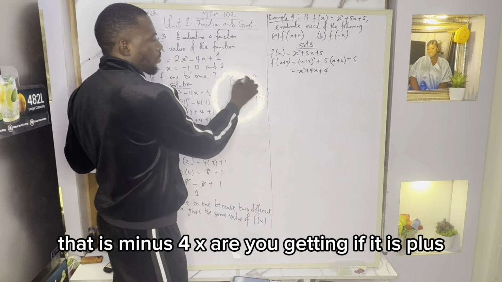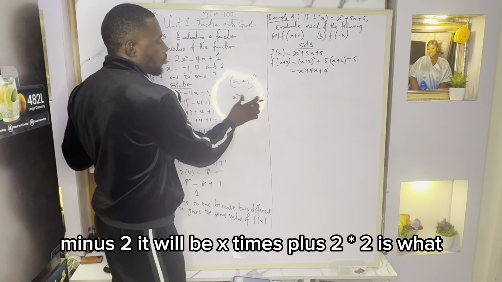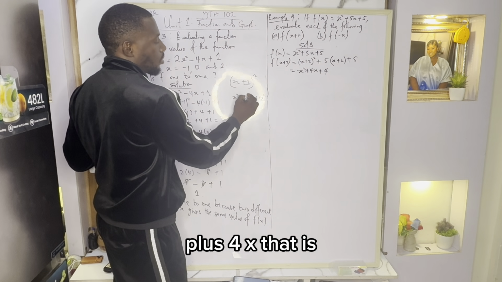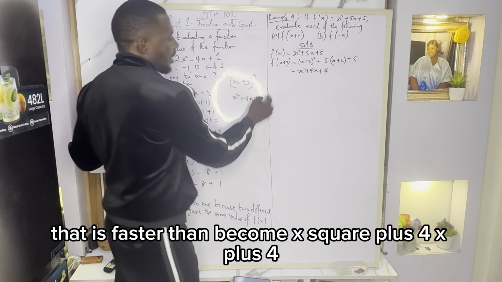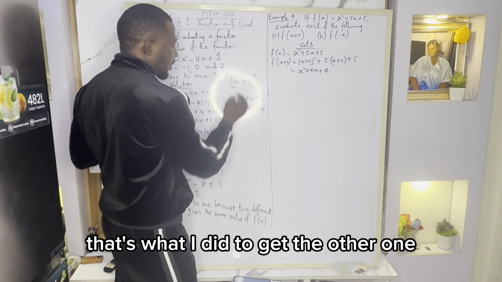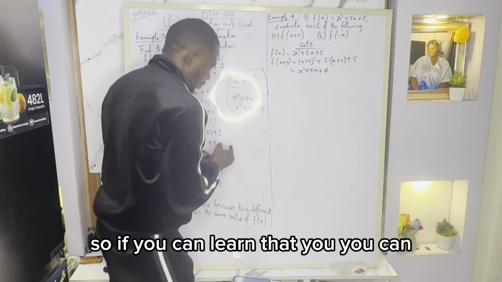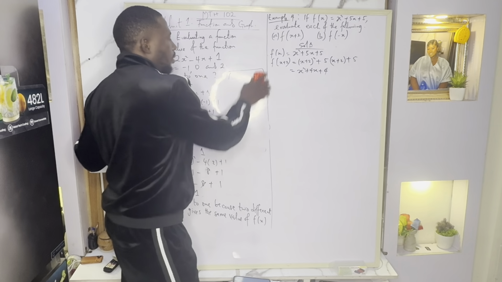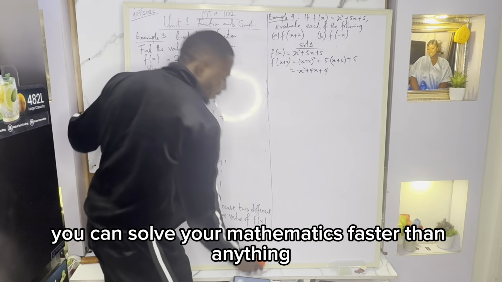If it is plus, it will be x times plus 2 times 2, plus 4x. That's the first thing. It becomes x squared plus 4x plus 4. That's what I did to get the other one. So if you can learn that, you can solve your mathematics faster than everything.